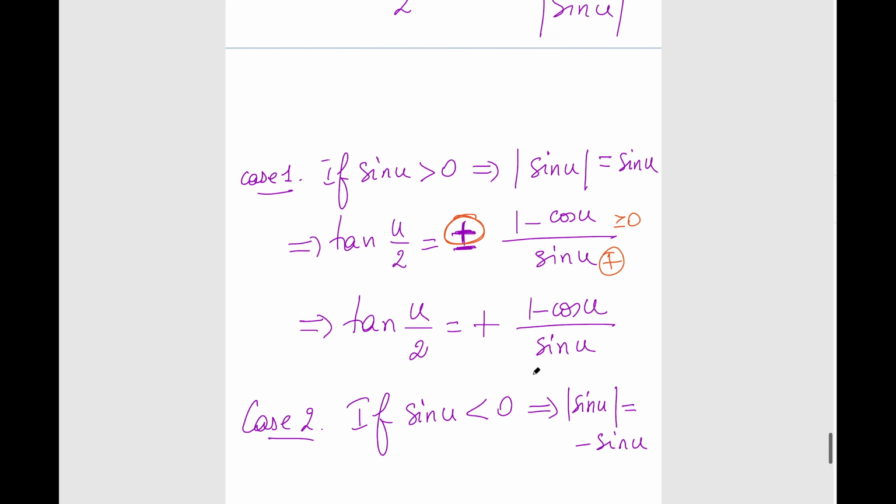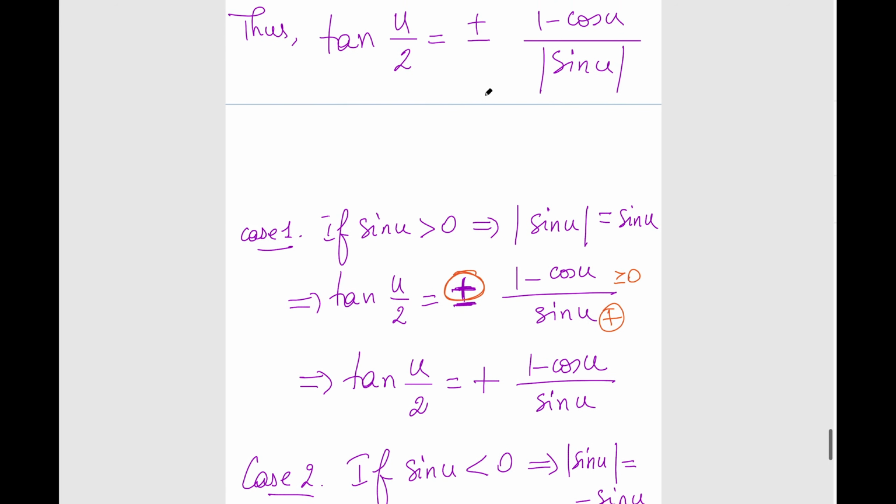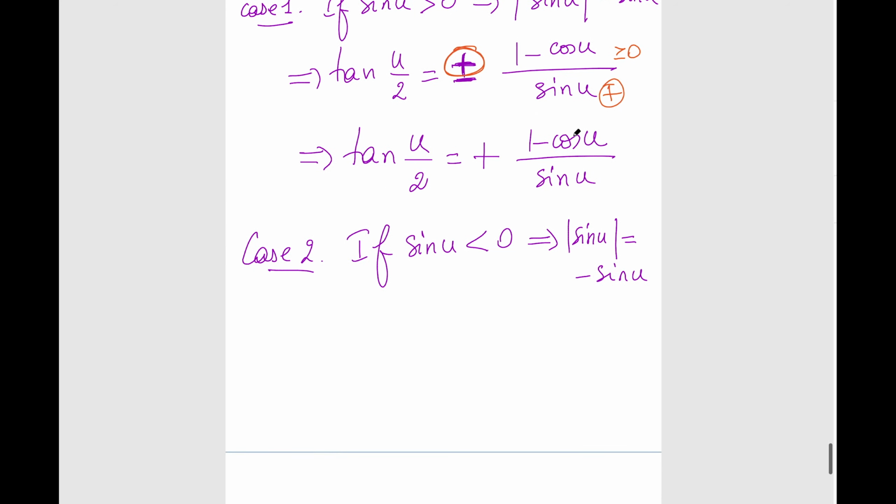So tangent of u over 2 is going to be plus or minus, again to be determined, 1 minus cosine of u over negative sine of u, right? Because we drop the bars.